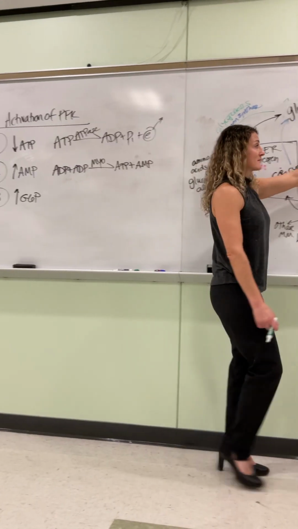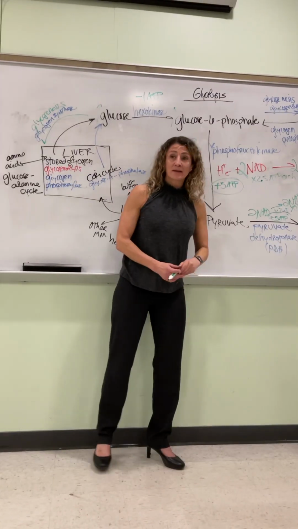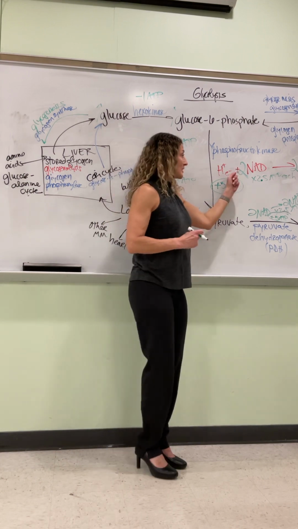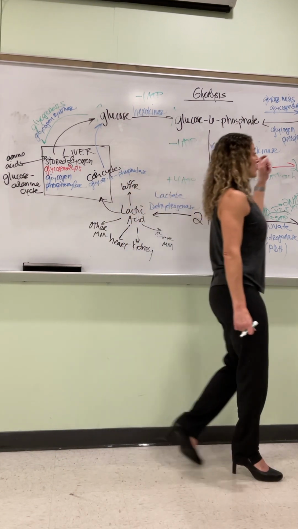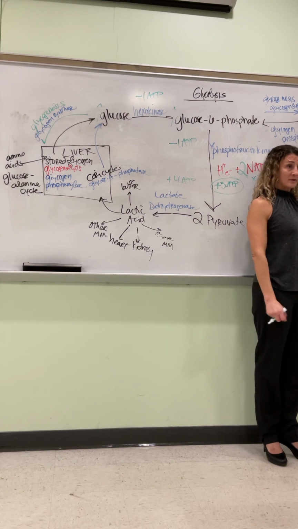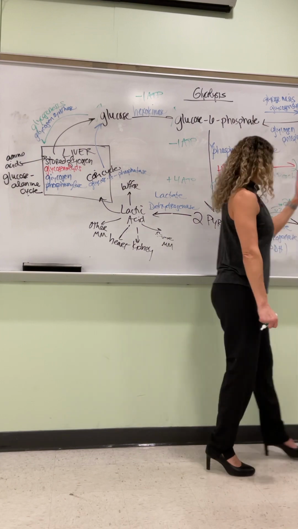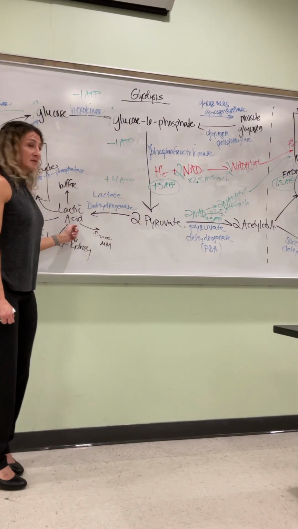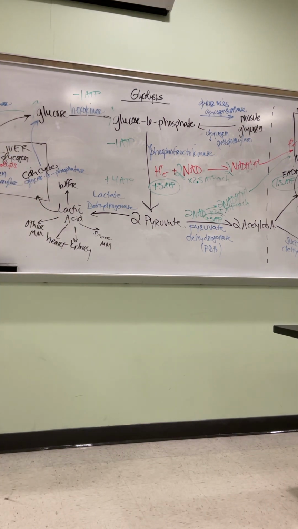PFK is the rate-limiting enzyme for glycolysis. So this is going to speed up glycolysis, speed up hydrogen production, overwhelm the mitochondria. We call that low mitochondrial availability because it's full. So NADH is going to drop off its hydrogen electron at pyruvate, reducing it into lactate. So lactic acid production increases as exercise intensity increases.